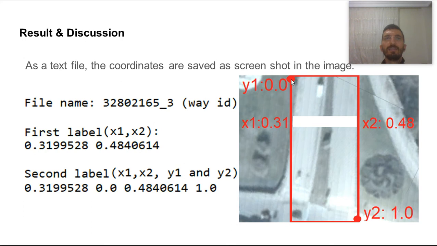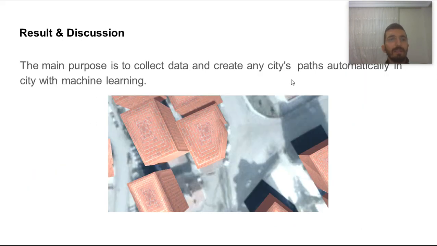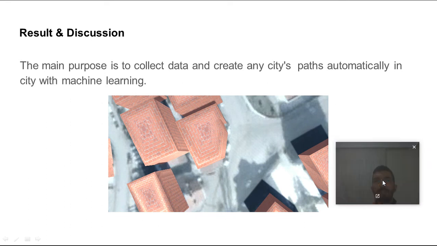Here, as seen in the figure, x1 and x2 are the selected line coordinates, y1 is assigned the upper left corner 0 value and y2 is assigned the lower right 1 value. This figure is an example. And then the output is saved in the left figure's text file. The main purpose is to collect data and automatically create road paths in the city with machine learning.